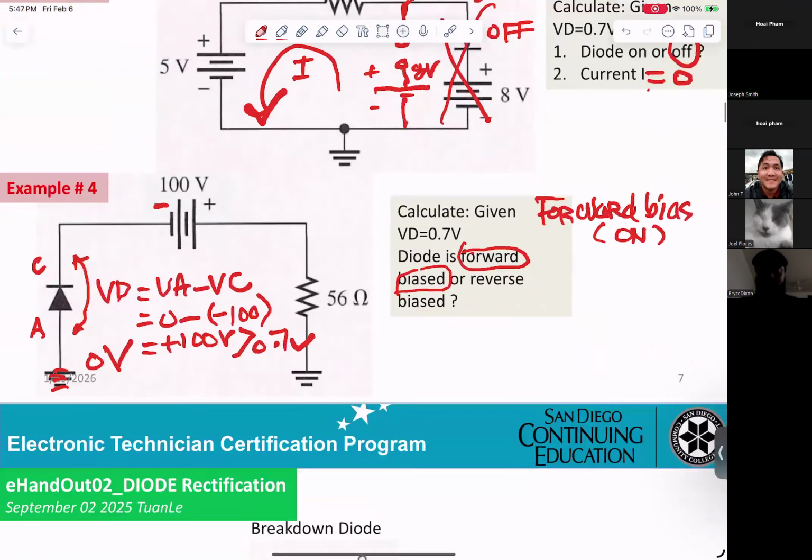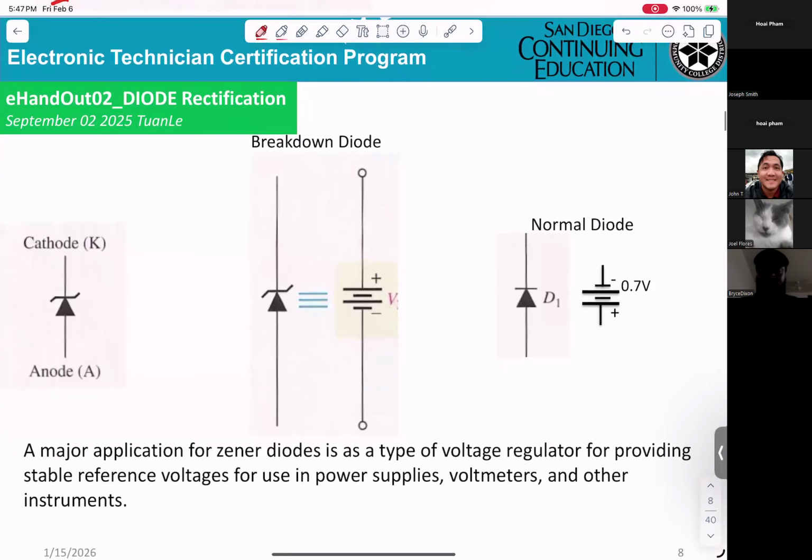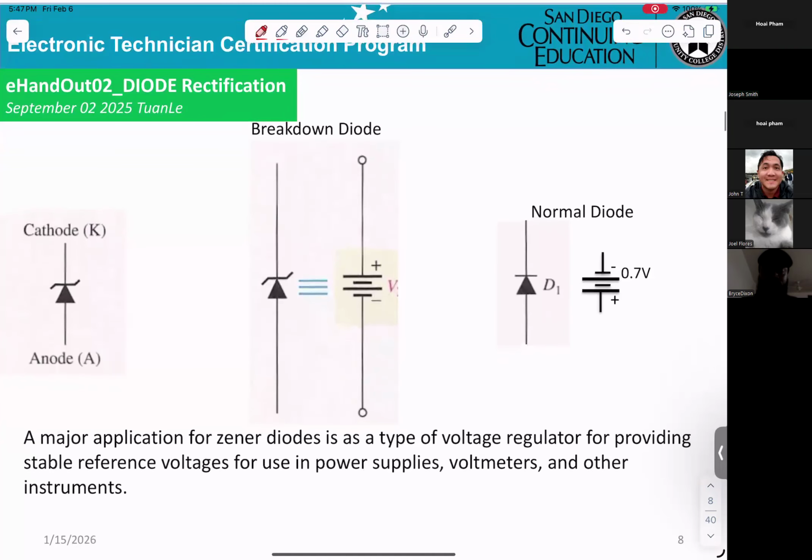Let's see, what else? Oh, now we go to another diode.